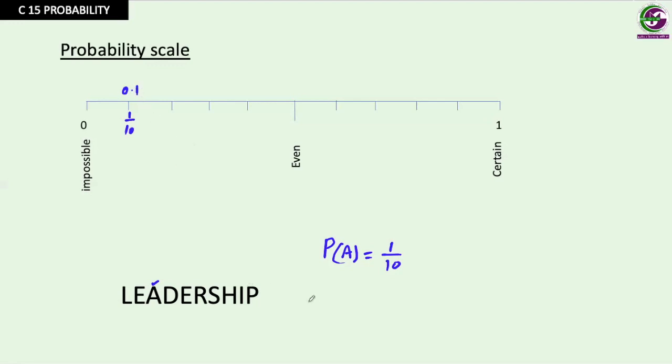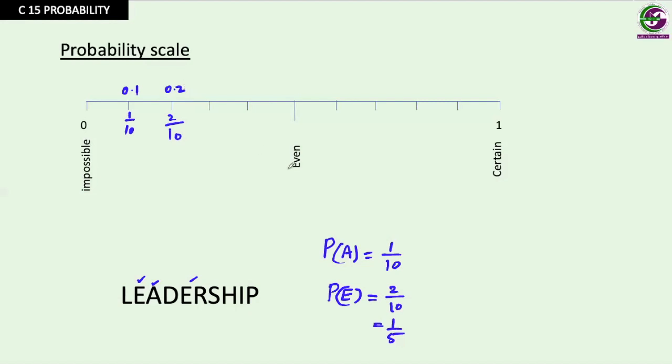Let us see another letter, probability of getting E. 1, 2. So it is 2 out of 10 letters, which can also be written as 1 by 5, or we can write it 0.2.